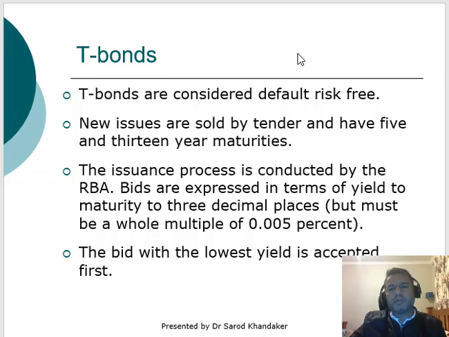New issues are sold by tender and have 5 and 13 years to maturity. The issuance process is conducted by the RBA. Bids are expressed in terms of yield to maturity to 3 decimal places. Note that the bid with the lowest yield is accepted first for the Treasury bond.